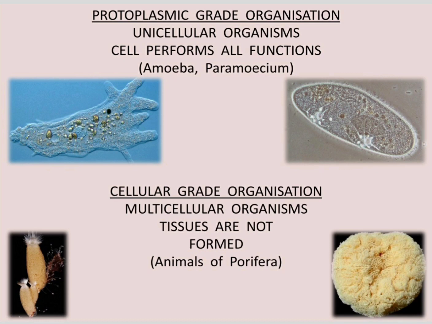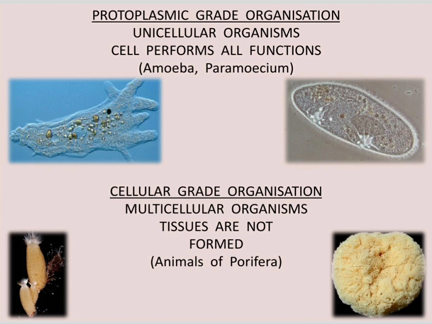Then we look at the second type of organization, which is the cellular grade organization. Now, in case of multicellular animals, if the tissues are not formed, if they are very primitive type of animals, cells are there, but the cells have not formed tissues. In such animals, you have something called a cellular grade organization. You have a number of cells, but they do not form tissues.